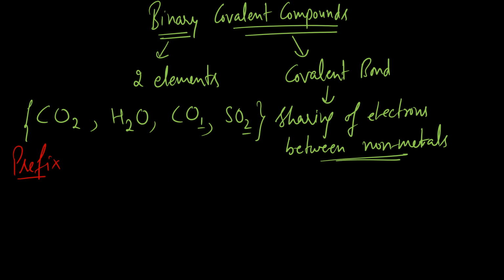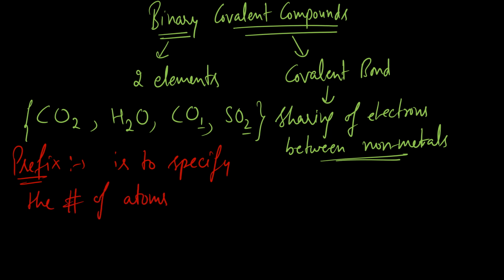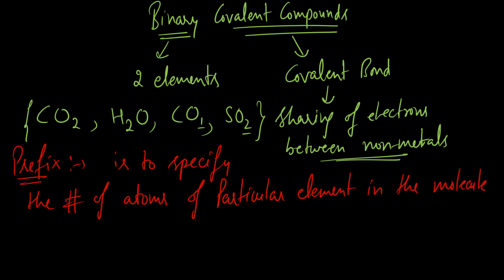The purpose of these prefixes is to specify the number of atoms of a particular element in the molecule or compound. So when we are specifying the number of atoms of a particular element in a molecule or compound, that is when we are supposed to use the prefix.